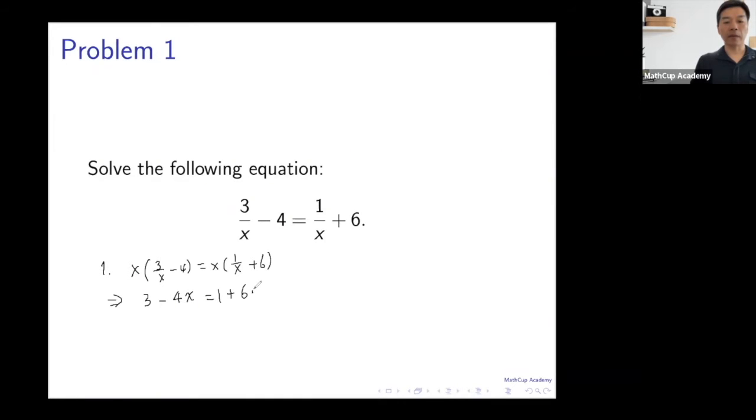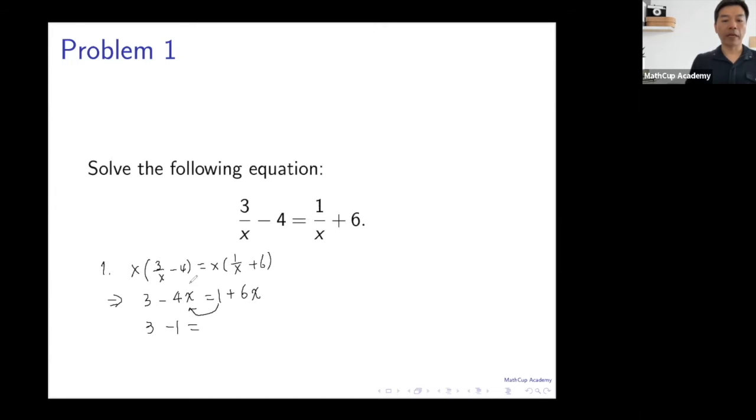And this is a one variable linear equation, and we exactly know how to do it, right? We move the variable into one side, and the constants onto the other side of the equation. So we just do that. So 3, move the 1 to this side, it becomes minus 1.